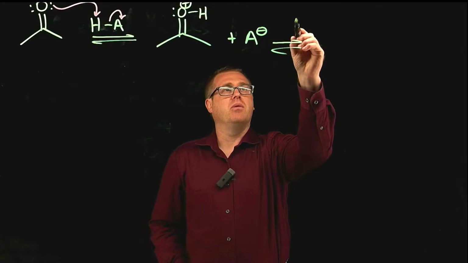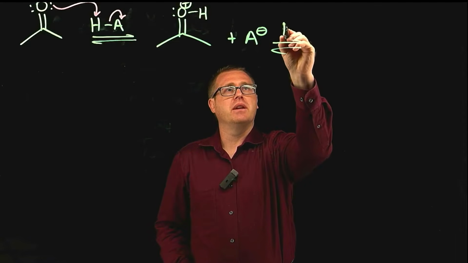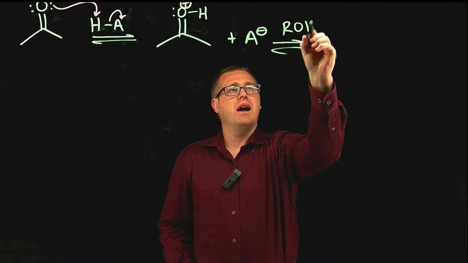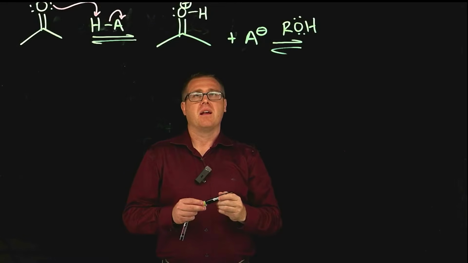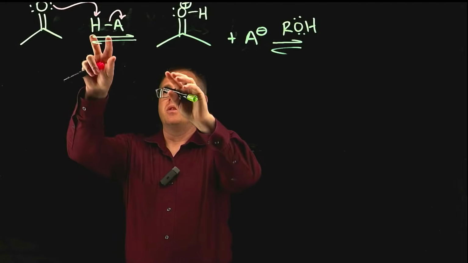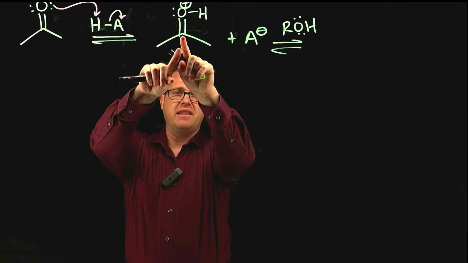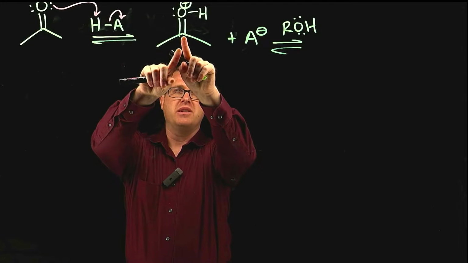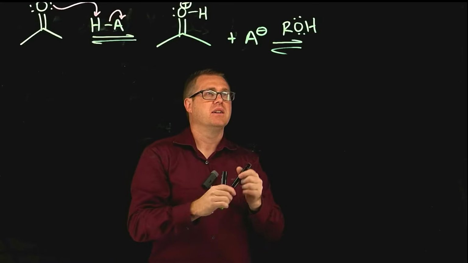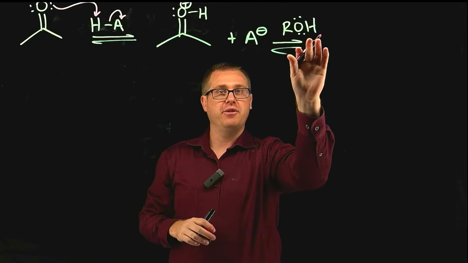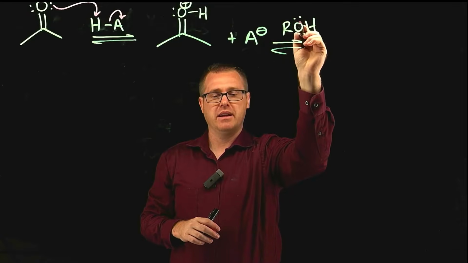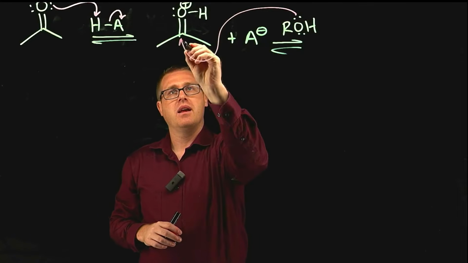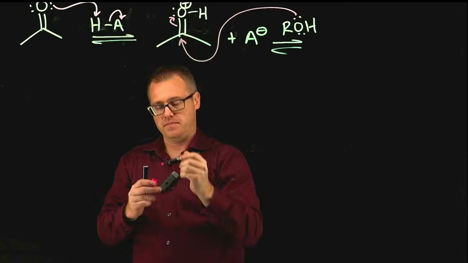So now we can look at our alcohol right here. And what did we just do with the catalyst? We have now activated that carbonyl carbon to be more electrophilic. So our weak nucleophile, you see it's just a neutral alcohol, now can come in and attack the carbonyl carbon.